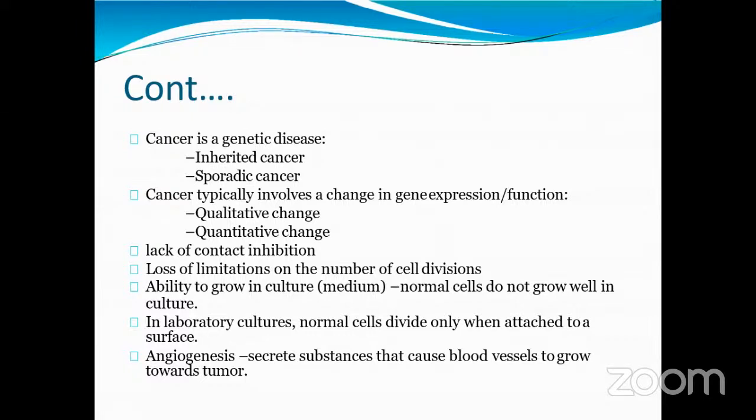In laboratory cultures, normal cells divide only when attached to the surface, but cancer cells can grow in suspension. Then angiogenesis: they secrete substances that cause blood vessels to grow towards the tumor.